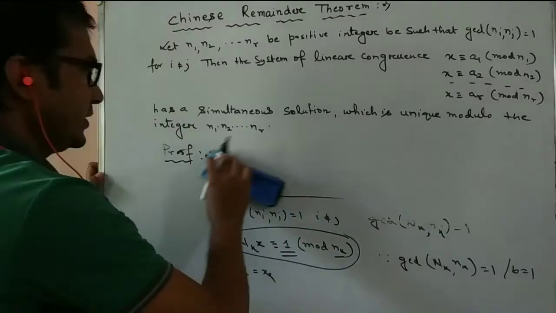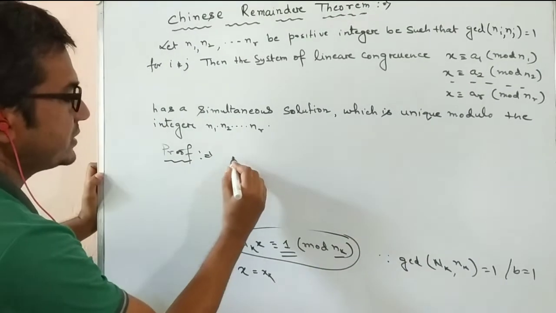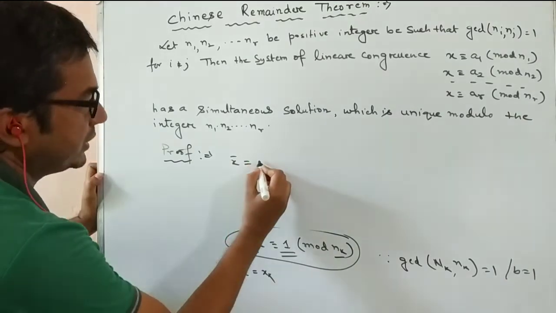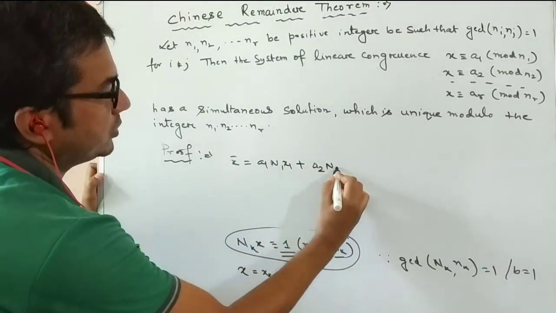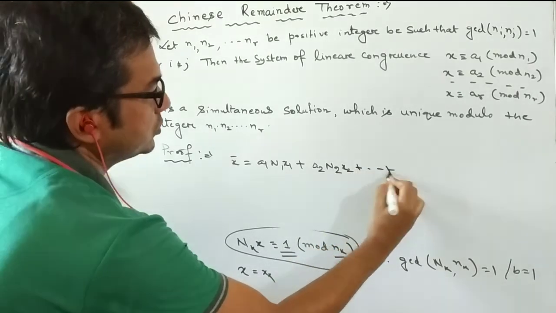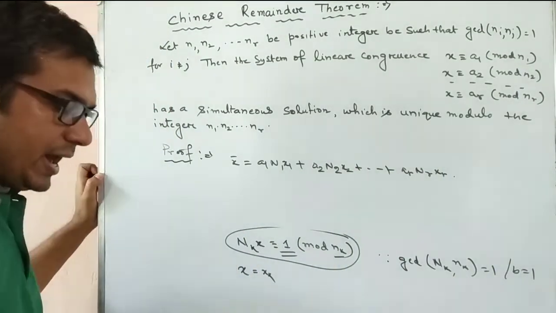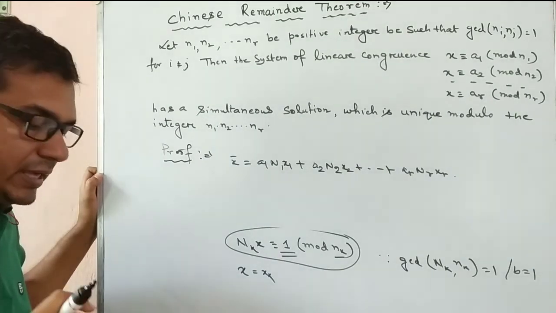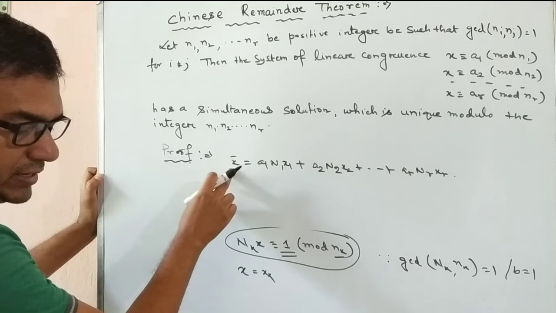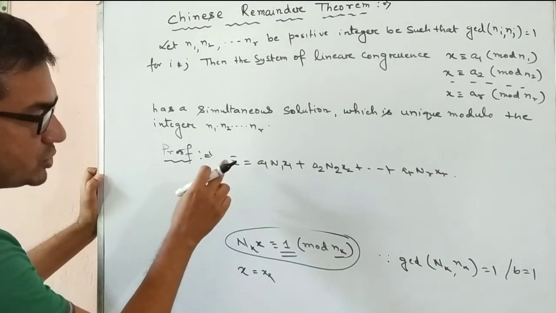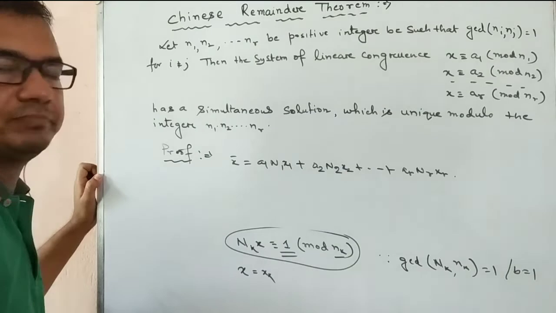Say x equals x_k is the solution of this linear congruence. Now we consider x bar equal to a_1 N_1 x_1 plus a_2 N_2 x_2 to a_r N_r x_r, and our aim is to show this integer x bar is the solution of the given system.